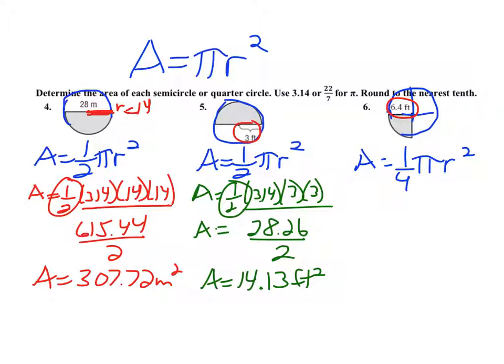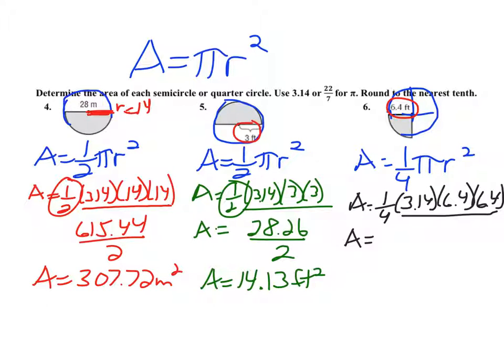Okay, last one. We're going to go through area equals 1/4 because we're taking a quarter of this one. Pi is always 3.14, and the r is 6.4 times another 6.4. When you put that in the calculator, you get area equals 6.4 times 6.4 times 3.14.